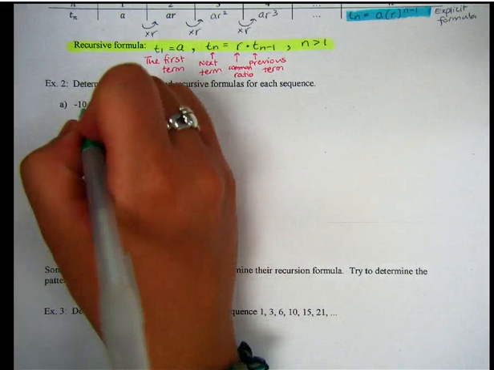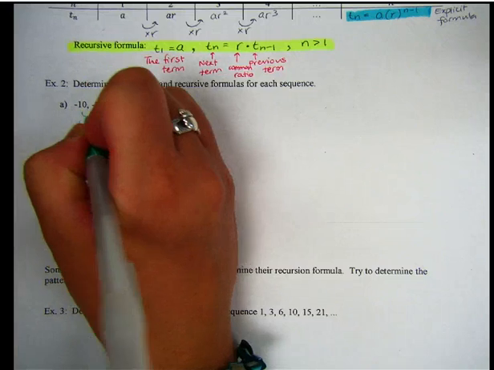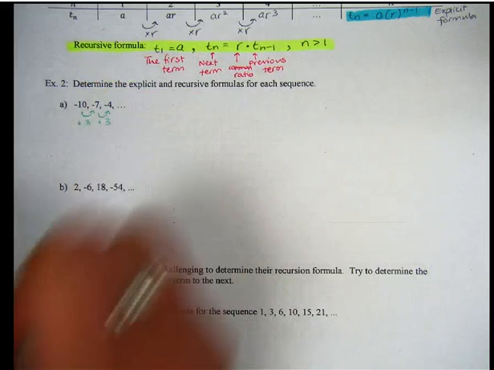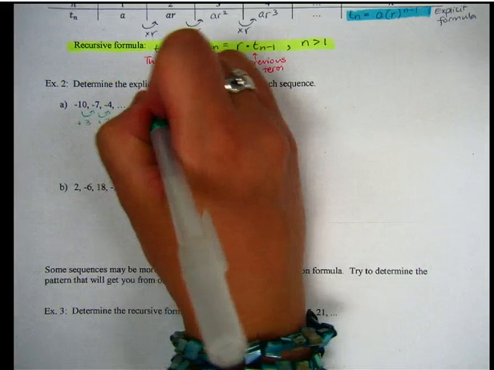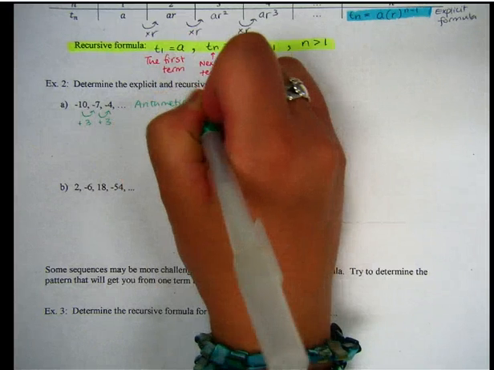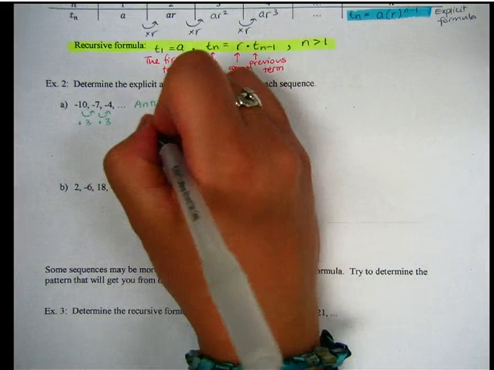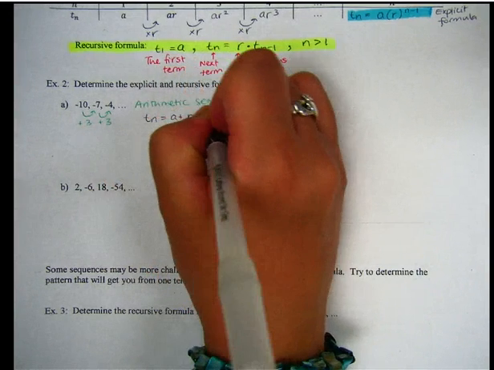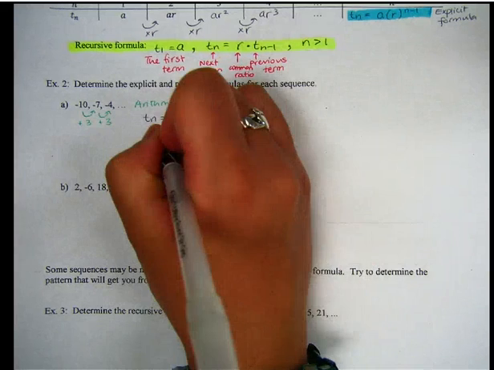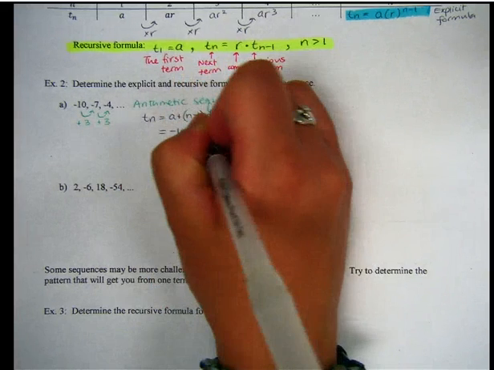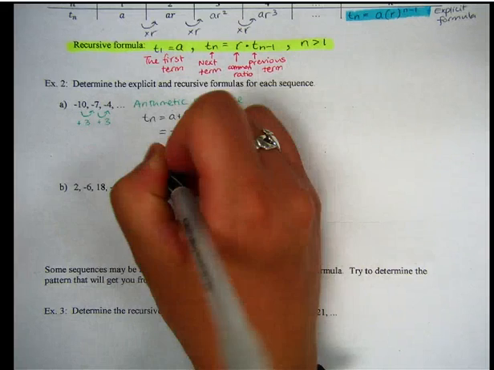Looking at example A, I can see that I have to add 3 to get to my next term. So this is an arithmetic sequence. The explicit formula for an arithmetic sequence is Tn equals a plus n minus 1 d. Plug in everything you know: negative 10 plus n minus 1 times 3.